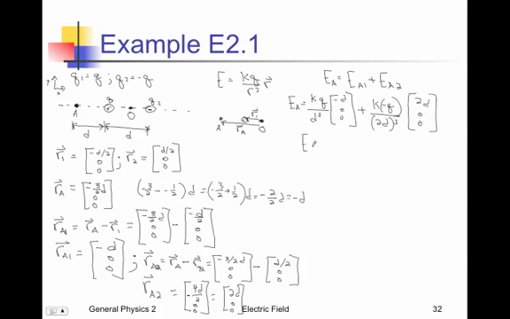Okay, so E_A equals, these are vectors, so now I can factor out a kQ over d cubed. I can factor that out of both of them, and here I'm left with a minus d for this one, and here I have minus, because of the negative here, and I have 2d there, and I also have over 8.